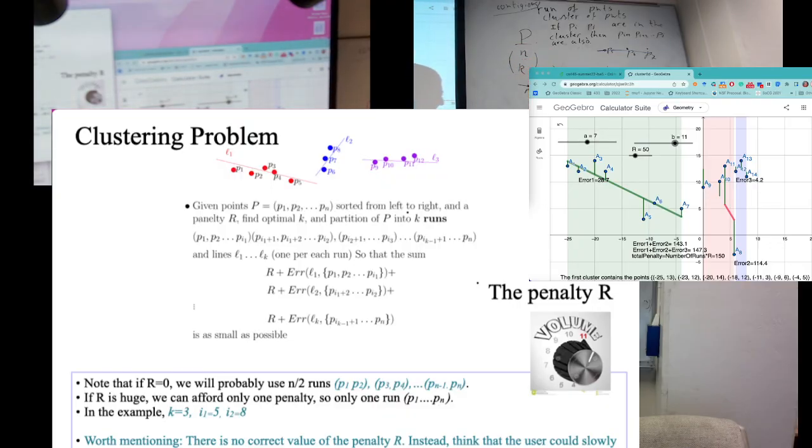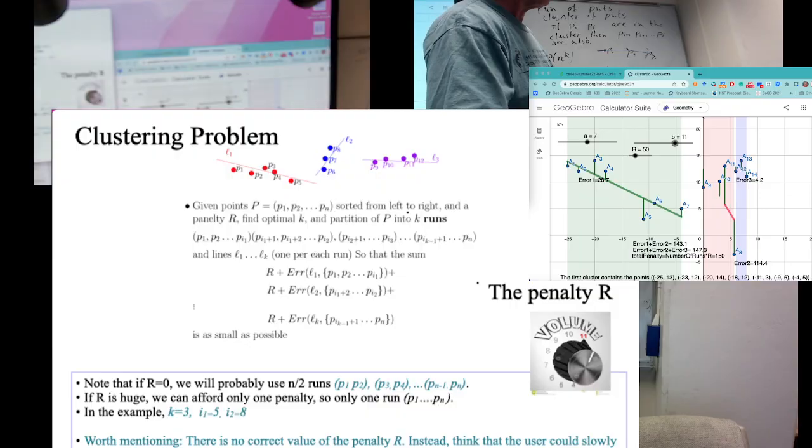K is the number of clusters, and what's important about it is that it's exponential. It's roughly order of n to the k. It's a lot. I cannot consider all the ways to break into clusters, since it's an exponential algorithm in the number of clusters, which is not surprising because most clustering algorithms have exponential running time in the worst case.